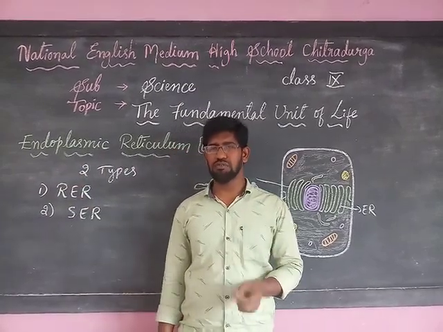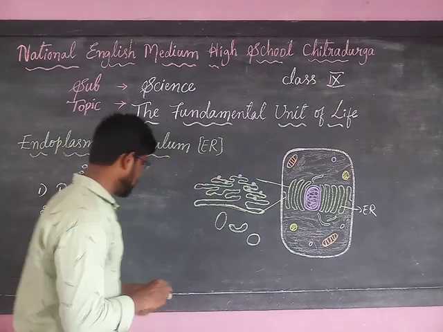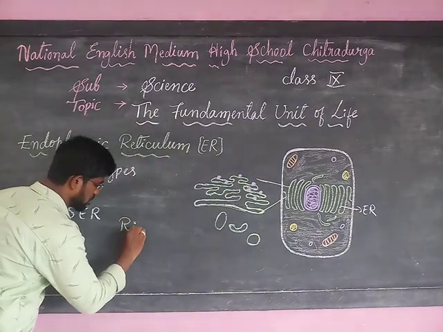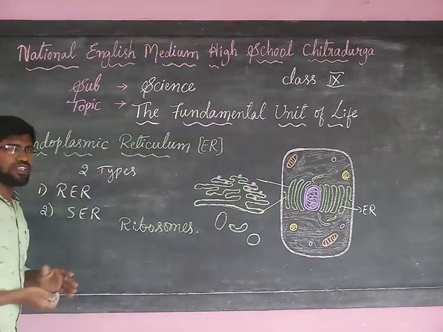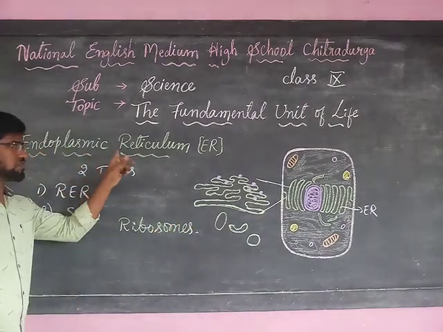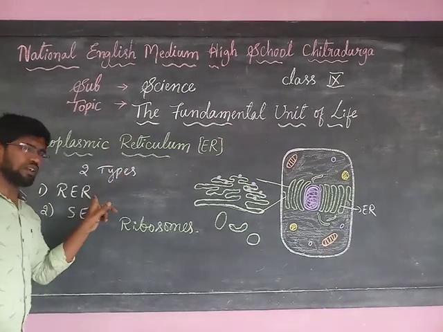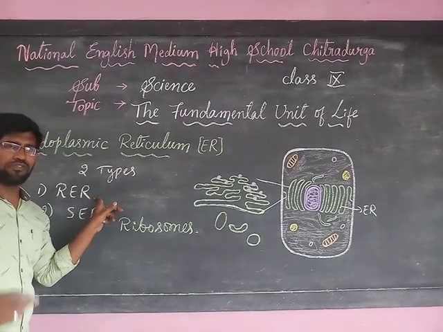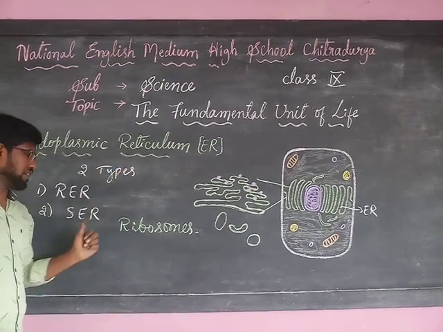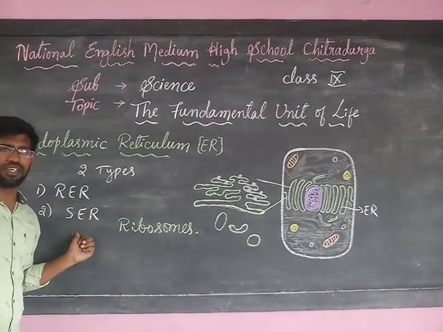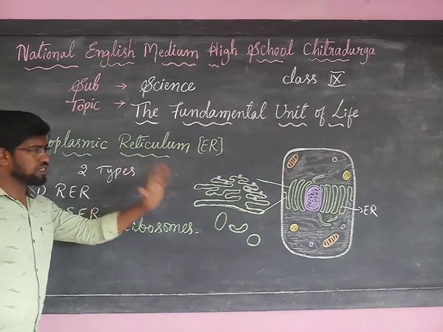This roughness is nothing but the attachment of ribosomes. Remember, the attachment of ribosomes. If ribosomes are attached to the endoplasmic reticulum, it is considered a rough endoplasmic reticulum. If ribosomes are not attached, then it is considered a smooth endoplasmic reticulum. Okay, so this is the overview.